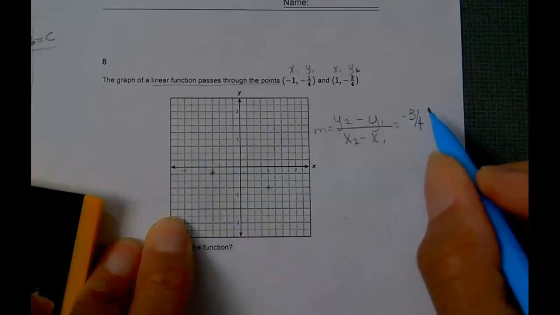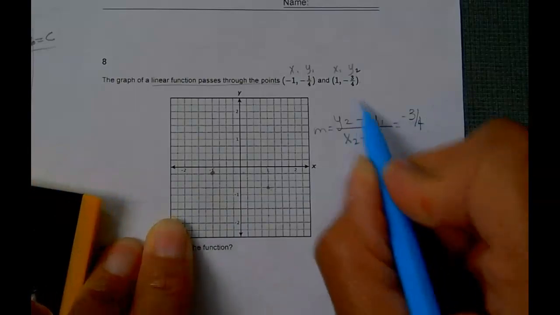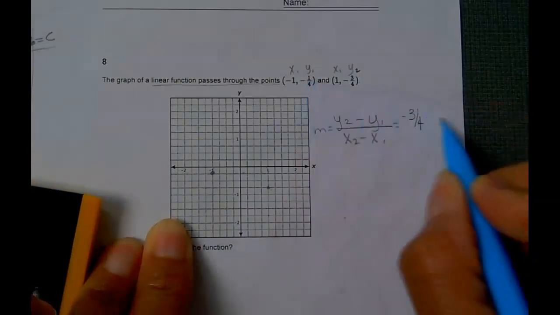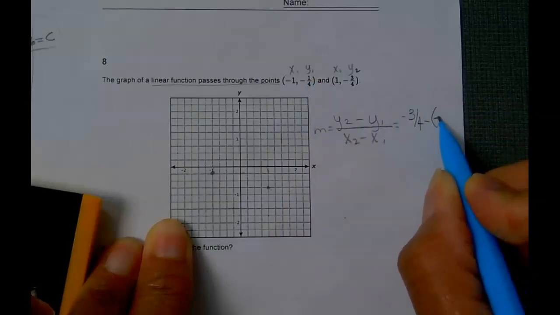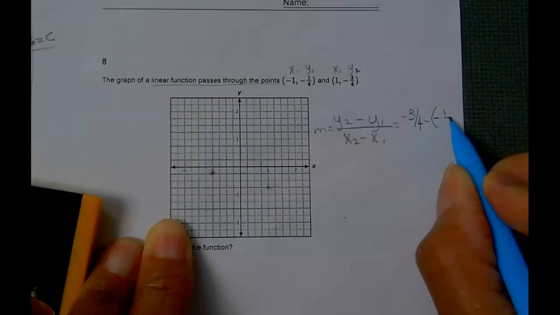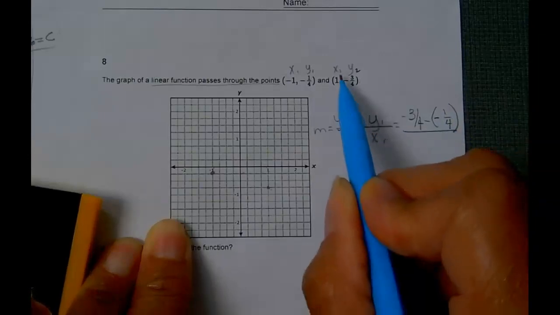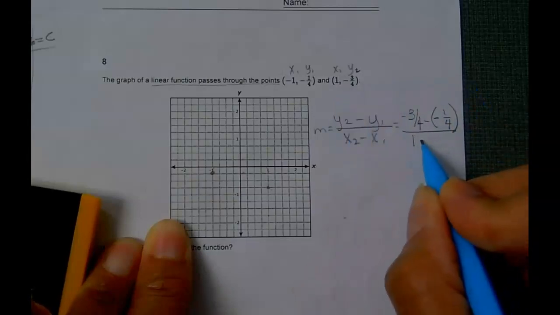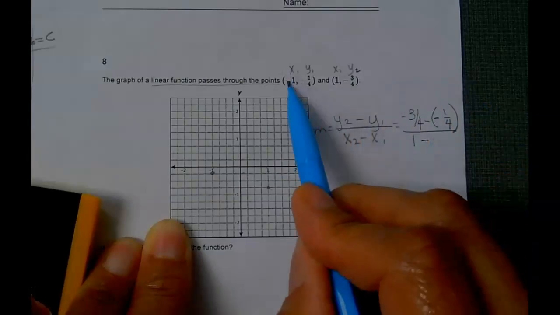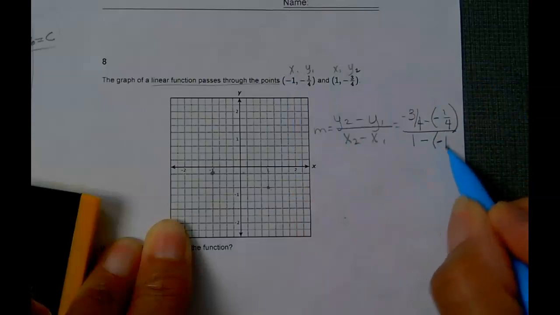And then we are going to, y1 is minus a negative 1 over 4. And so x2 is 1 minus x1 is a negative 1.